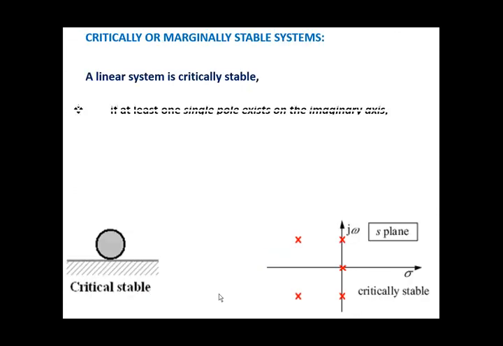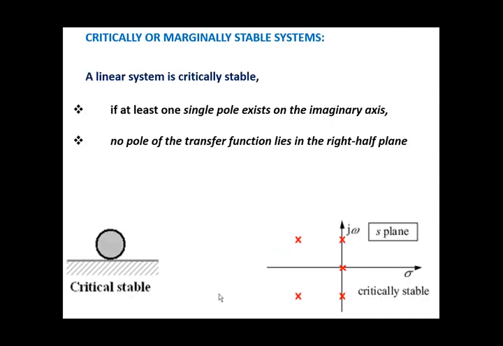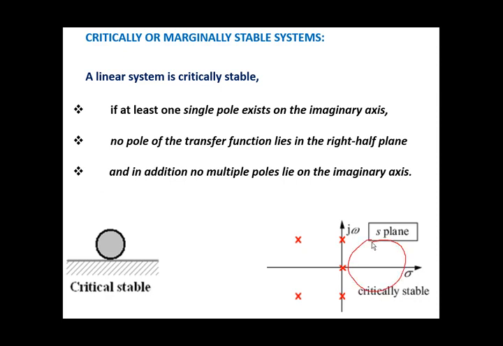Next is the critically or marginally stable system. So here no pole should be present on the right side of the S-plane. If any pole is present on the right side of the S-plane, then it will become an unstable system. Here there are no poles present on the right side, and there can be multiple poles, but they should not be repeated poles.